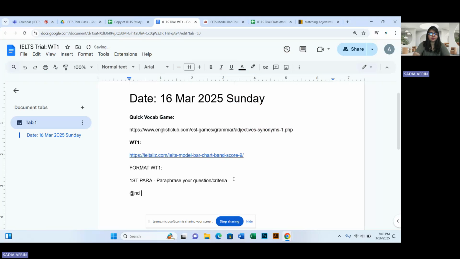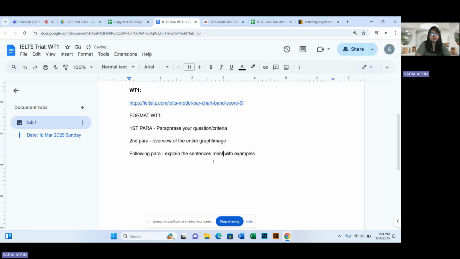Okay, in the second para, you're going to show the overview of the entire graph or image, map, whatever they give you. In every other following para, you're going to explain the sentences mentioned in the overview with examples.